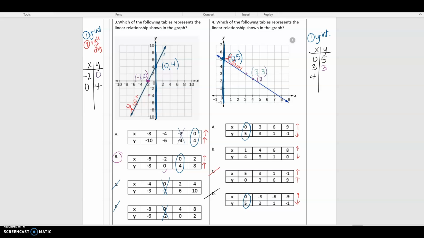X of 4. 2.5. So let's see. If I have an x of 3, y of 3, that looks good. It says x of 4, y of 3. So that would be x of 4, y of 3. It's not going through there. No. So we have our answer.